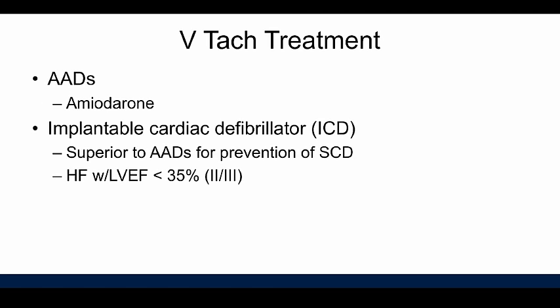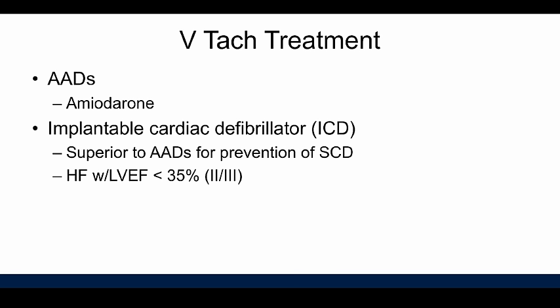So as far as treatment goes for VTAC, the primary antiarrhythmic drug used for that is going to be amiodarone. Now, one thing I wanted to introduce here, in addition to antiarrhythmic drugs, is that some of these patients, for example, patients who've had multiple runs of sustained VTAC, what clinical evidence has shown is that implantable cardiac defibrillators, or ICDs, are actually superior to our antiarrhythmic drugs for the prevention of sudden cardiac death.